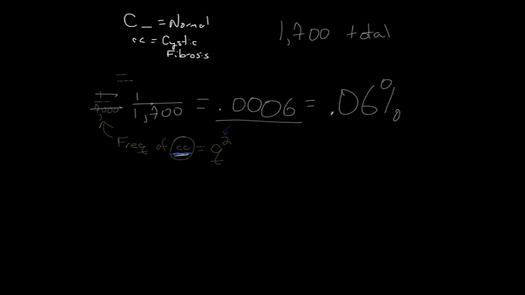So when you move the decimal back, the easiest way to do it is to think, if you're going from decimal to percentage, you're moving it twice to the right. Just twice.